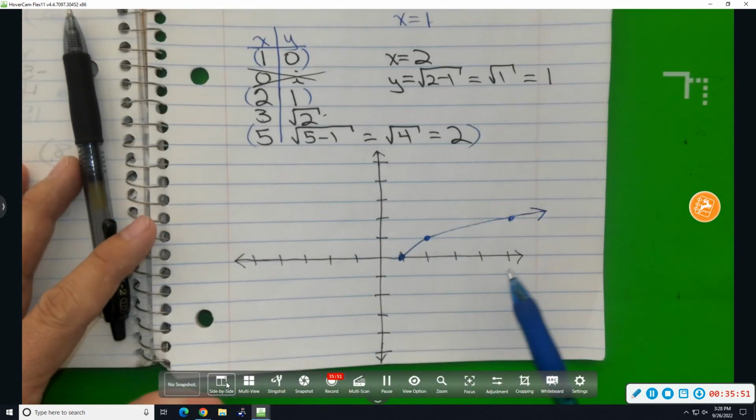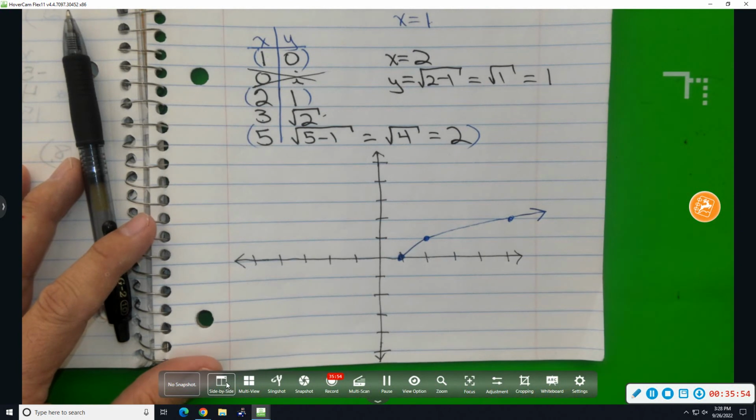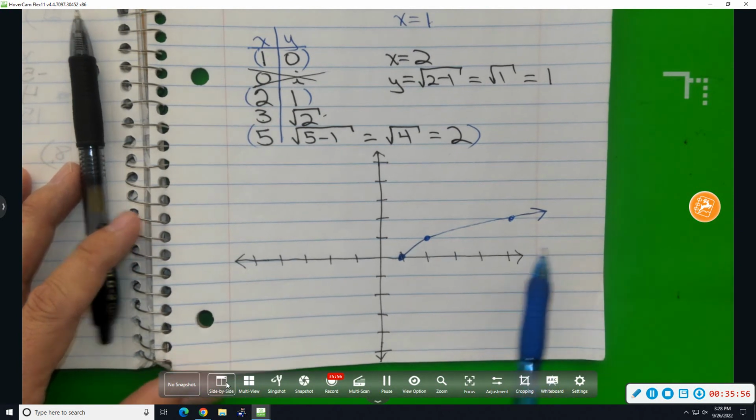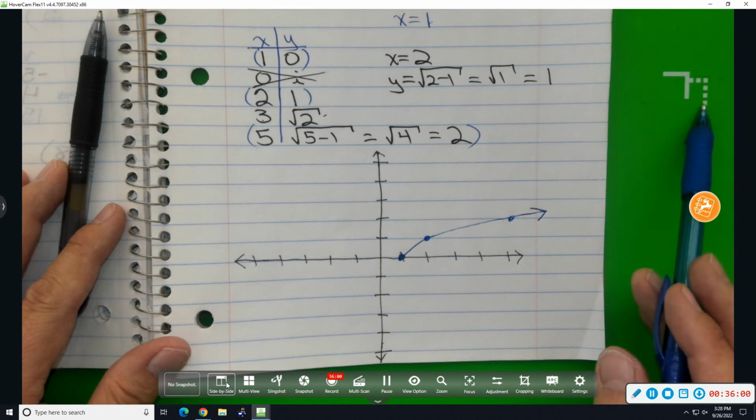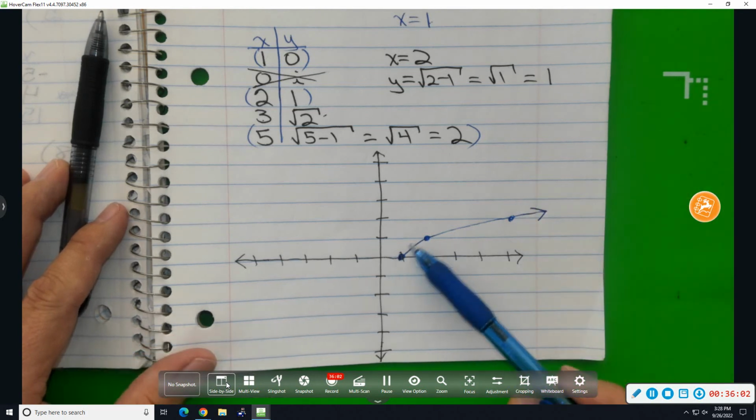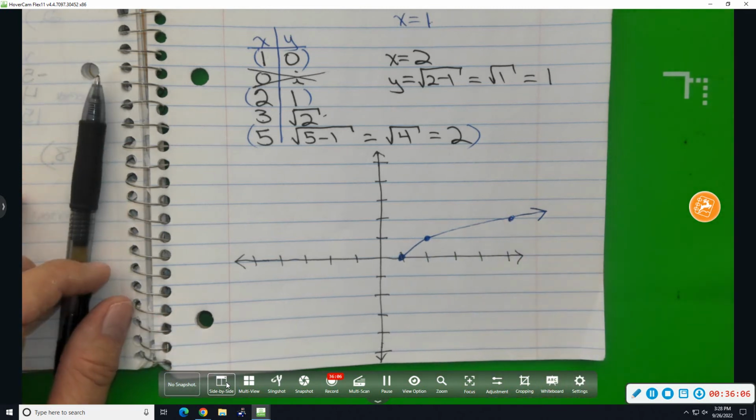So if we were way out here at 101, way past the graph, we're only going to be up about that much right there. So the graph is increasing, but it increases very slowly.